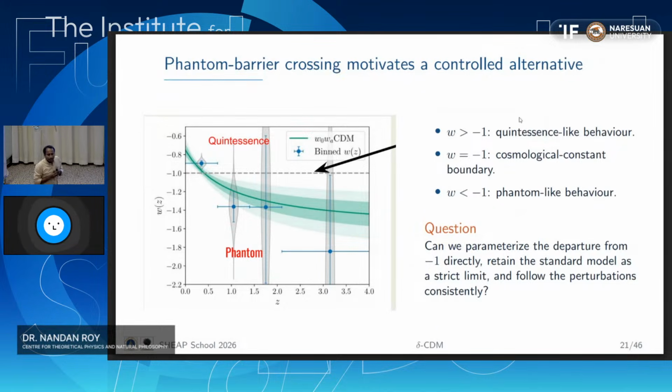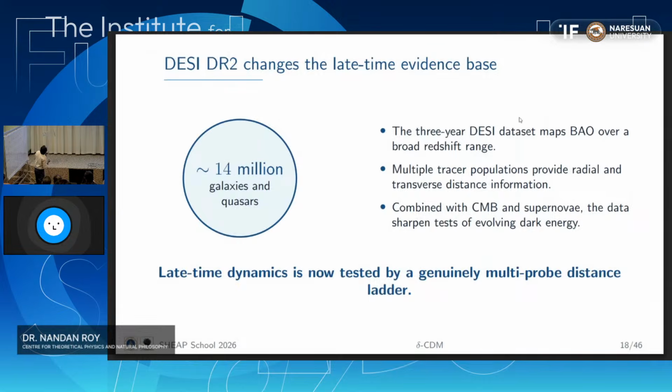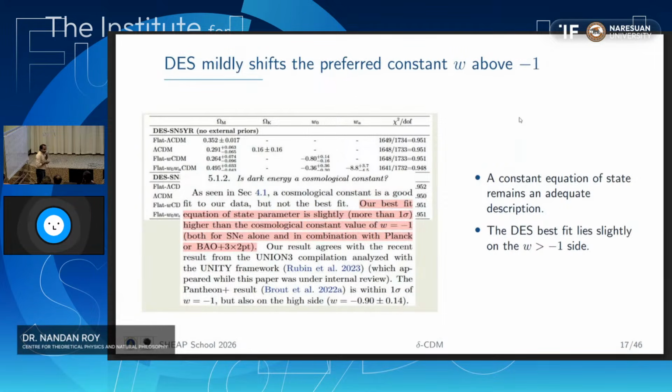I'm not sure I'm correct or not, but in your work you try to represent the scalar field energy by a fluid. Is this correct? Yes. So my question is, when you derive the equations, you use sound speed equal to 1, right? No, I think we consider the fluid sound speed.